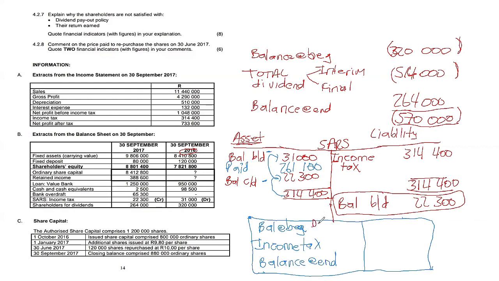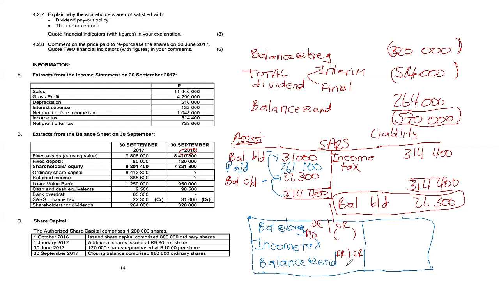DR versus CR. And also here on your balance at the end, it's going to be DR versus CR. Now check. Whenever your balance is on the debit side, it's no bracket. Therefore, if your balance at the beginning is on the credit side, it means bracketed. And when you do your balance at the end, it's vice versa.